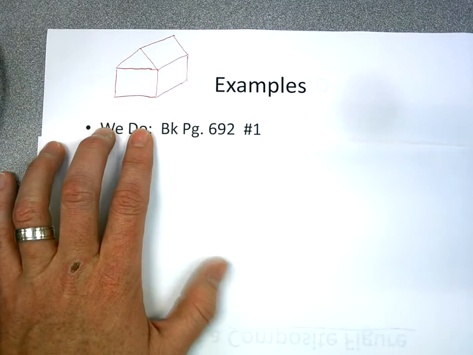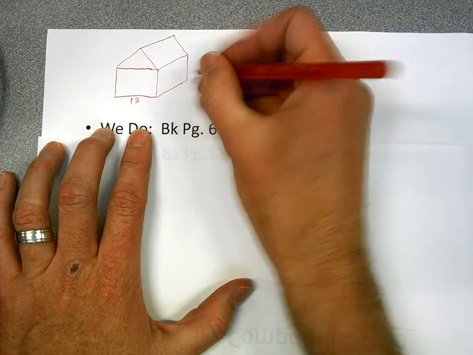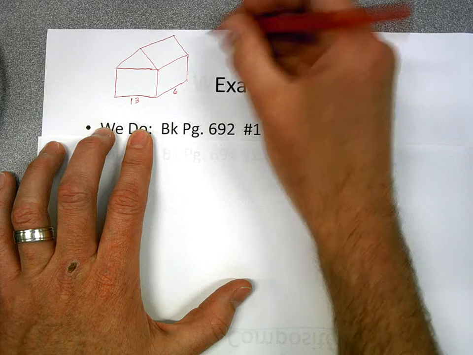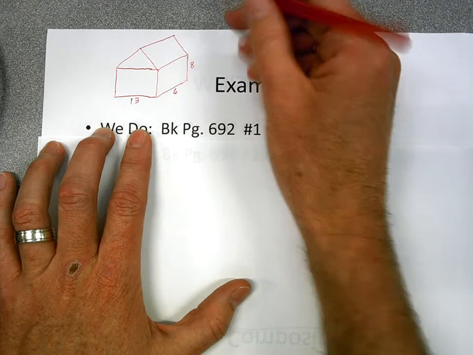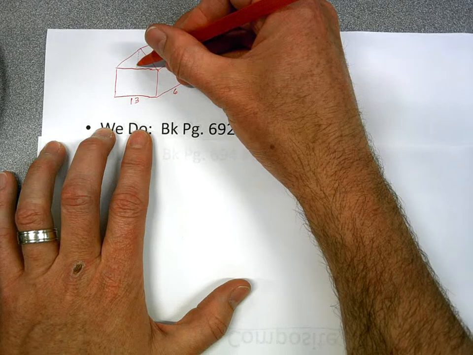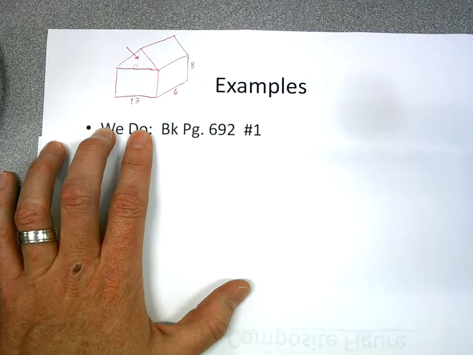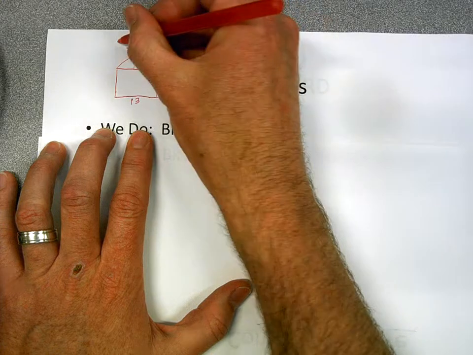Okay, and the dimensions, that side is 13 inches, this side is 6 inches, this side here is 8 inches, and then it shows us the peak of the roof of this. I call it the roof because it looks kind of like a house, right? And that line right there represents 7 inches.